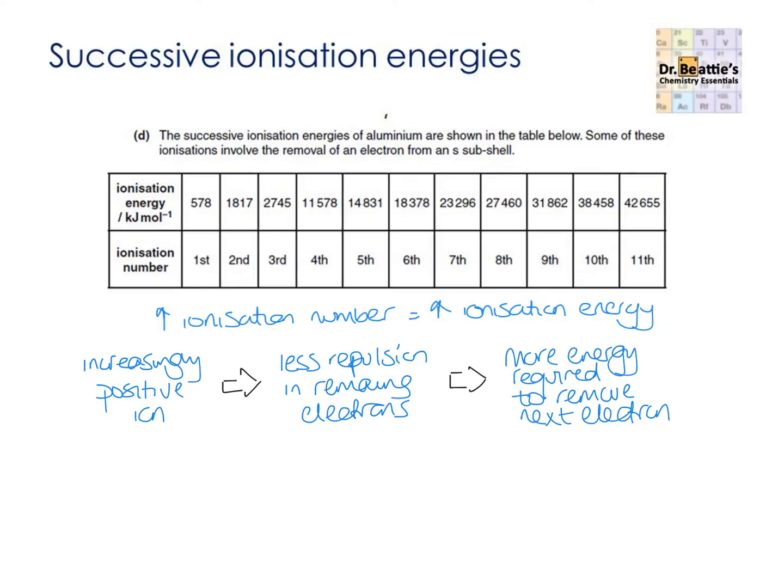So let's just illustrate that with just looking at the first and second ionisation energies of aluminium here. So the equation for the first ionisation energy would look like below. And this 578 kilojoules per mole was required to remove this electron from its attraction to the nucleus in the original aluminium atom. But then in our second ionisation energy, we need to remove the second electron from the pull to an Al+ ion.